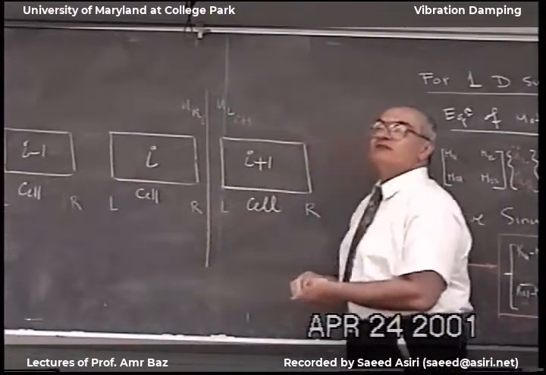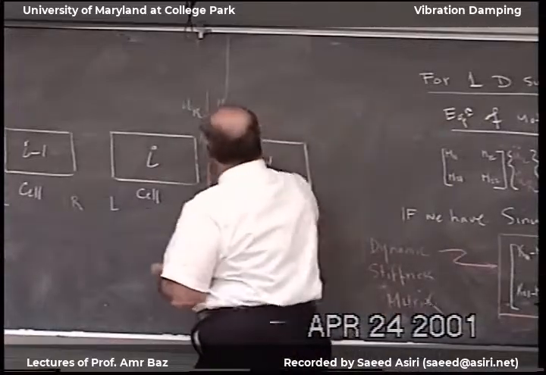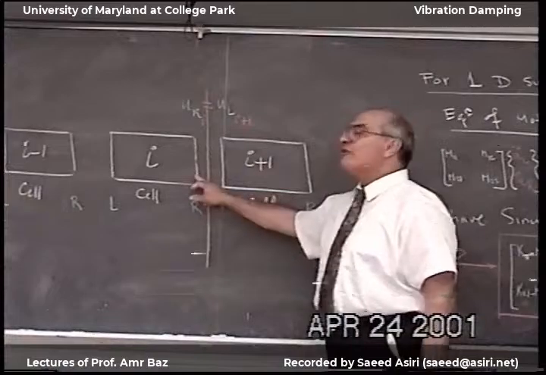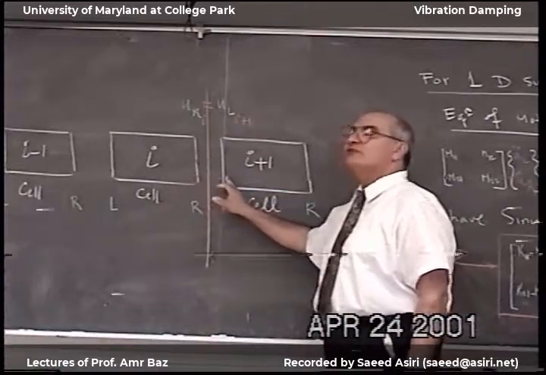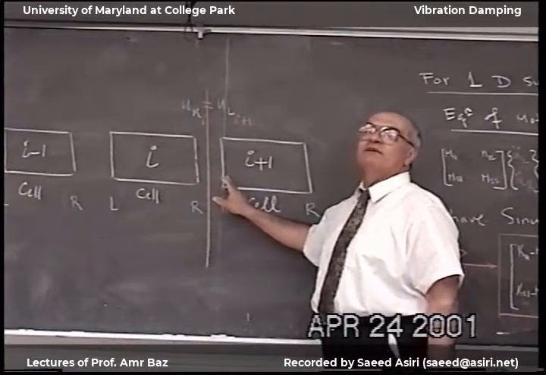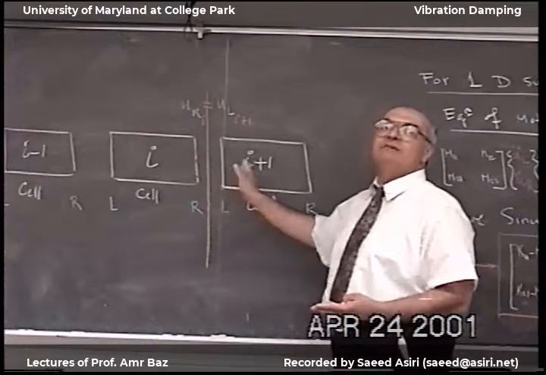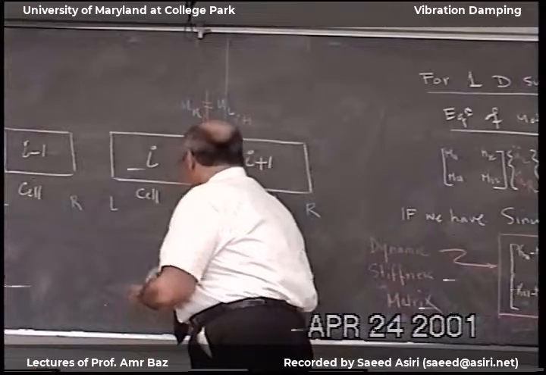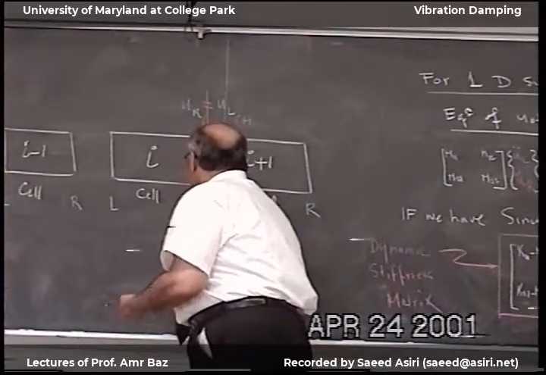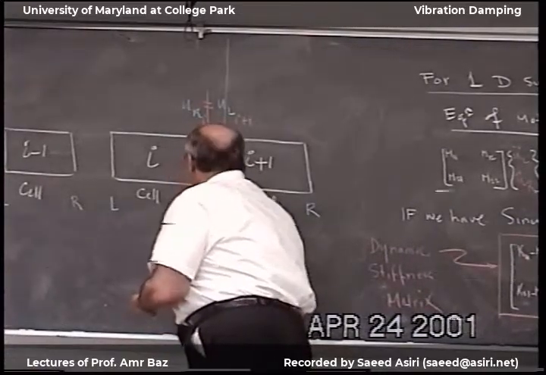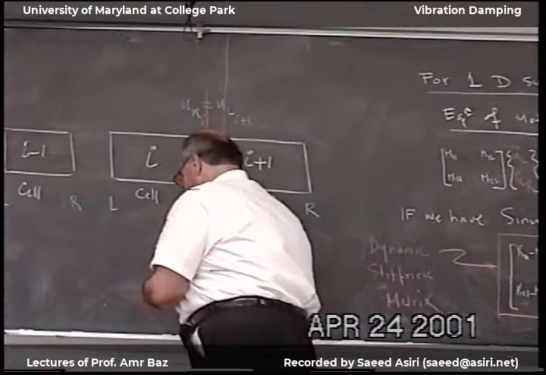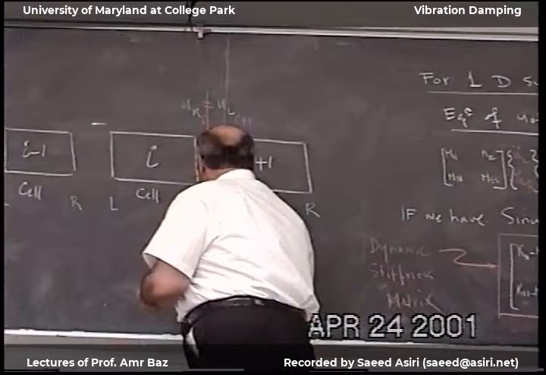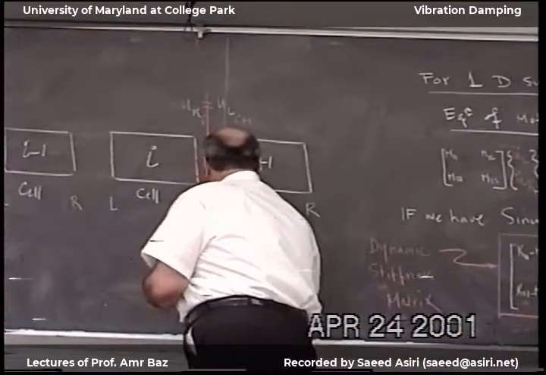This is compatibility of displacement. At the same time, the force here and the force here have to be in equilibrium. So the sum of the two is 0. So I have force right at I is equal to minus the force left at I plus 1.